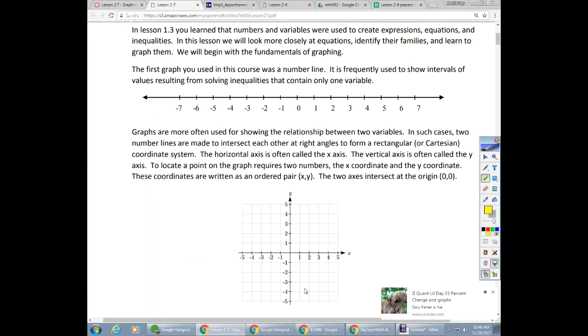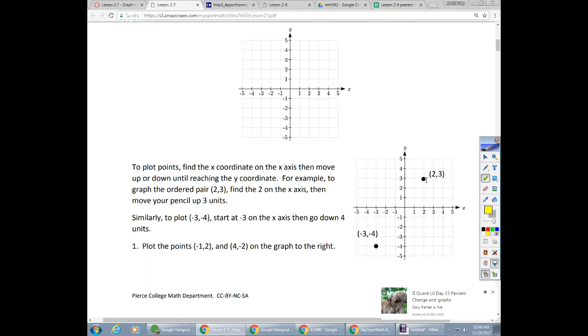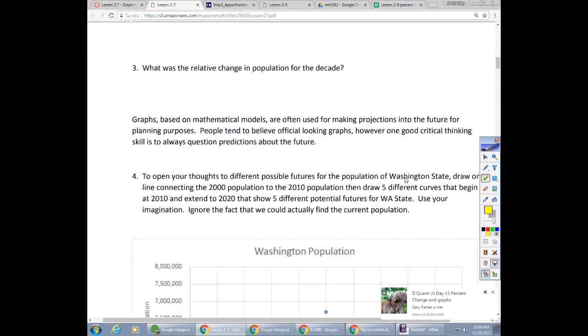All right, so basically two number lines stuck together there. So to find a point, we usually state the horizontal variable first and then the vertical variable second. So (2, 3) means go right 2 and up 3.